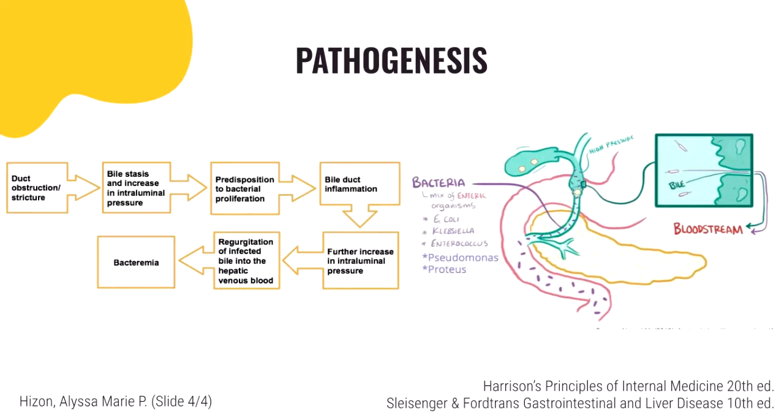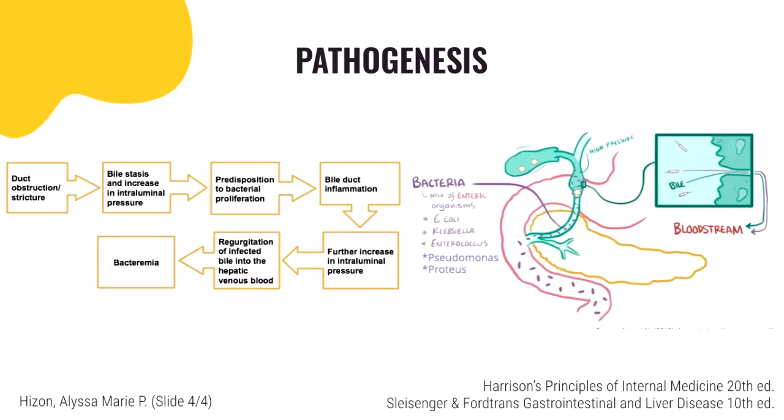So given the condition that bile duct is contaminated and become obstructed, just like in the cases of choledocholithiasis, intraluminal pressure rises, and there is stasis of bile. So this bile stasis predisposes the bacteria in the bile to proliferate and cause infection. So as a result, the bile duct becomes inflamed, which will manifest as abdominal pain.